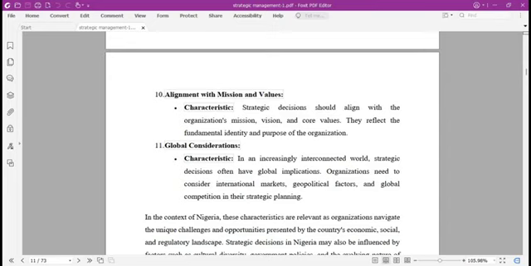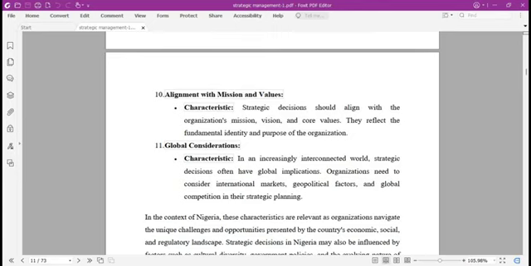The global consideration, the alignment, vision and values, and all other aforementioned variables and factors need to be put in place. Now, country by country, Nigeria here is a case study for these characteristics or attributes because they are relevant.